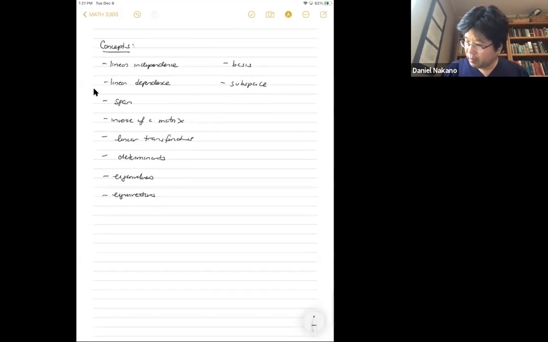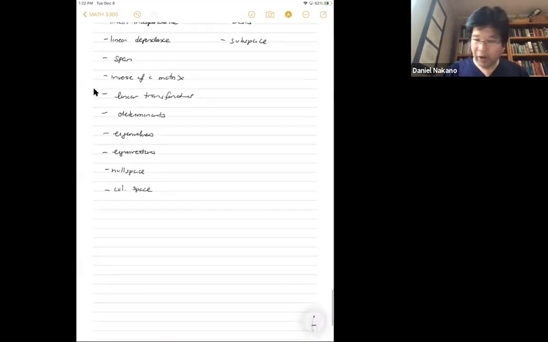Okay, so then there's a null space, column space, rank of a matrix, which is the dimension of the column space. And the dimension of a subspace.